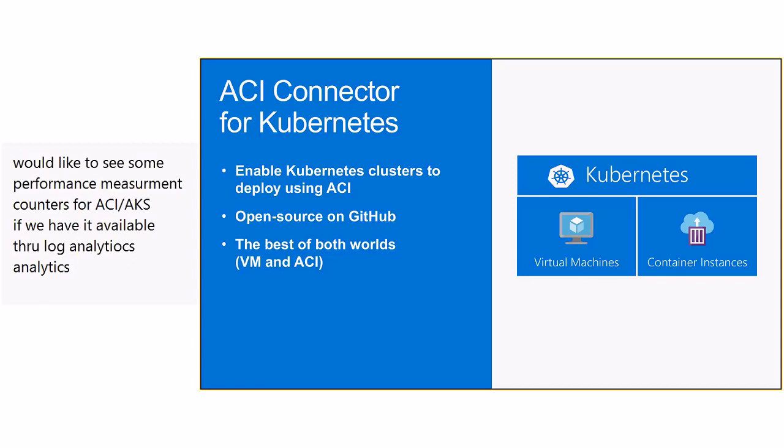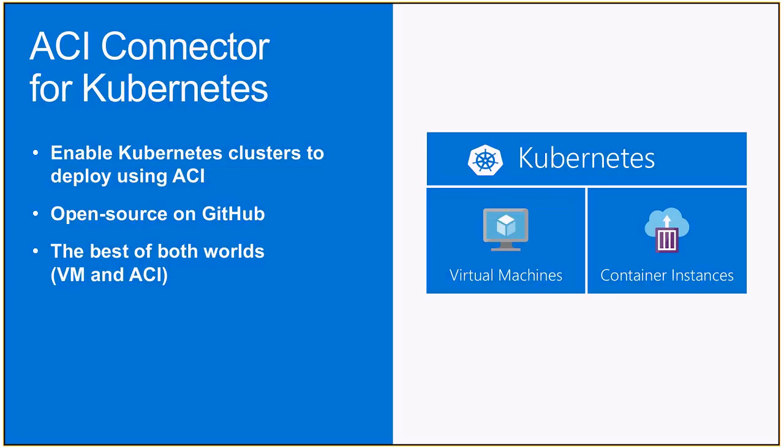So what it does is it allows you to spin up container instances in the case when you need more capacity, and that's the ACI, Azure Container Instance, that works with AKS. So remember what I said in the beginning, that let's say you have a container cluster and you have fully utilized it.